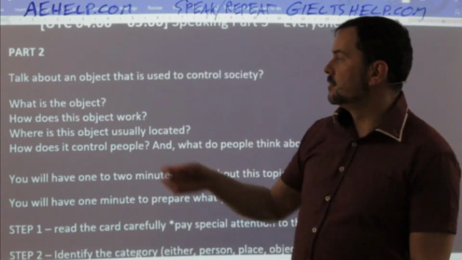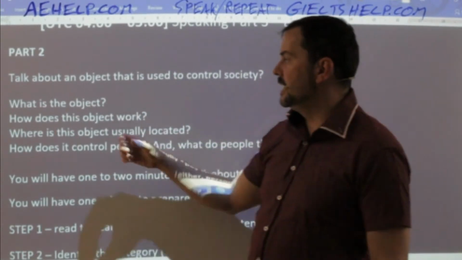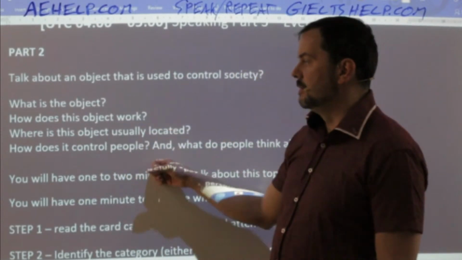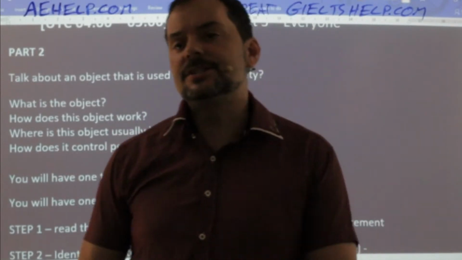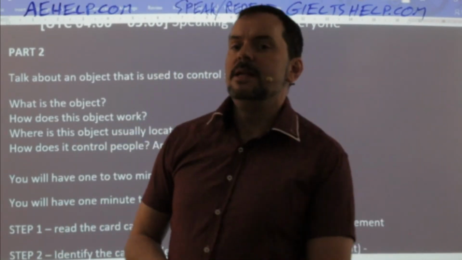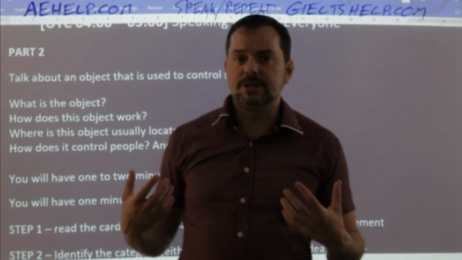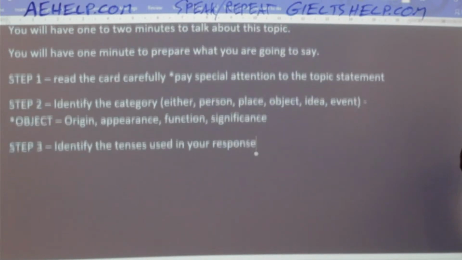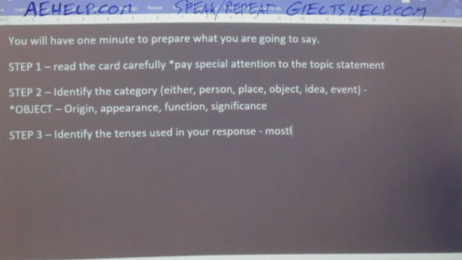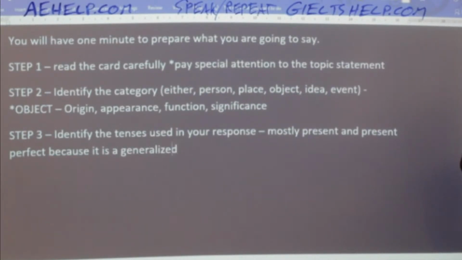What do you think? Talk about an object that is used to control society. What is the object? How does this object work? Where is this object usually located? Danielle says probably the present, present perfect, and maybe some past as well, for the origin of the object. Yeah, I agree with you, Danielle. I think it's mostly the present because it's a general answer.